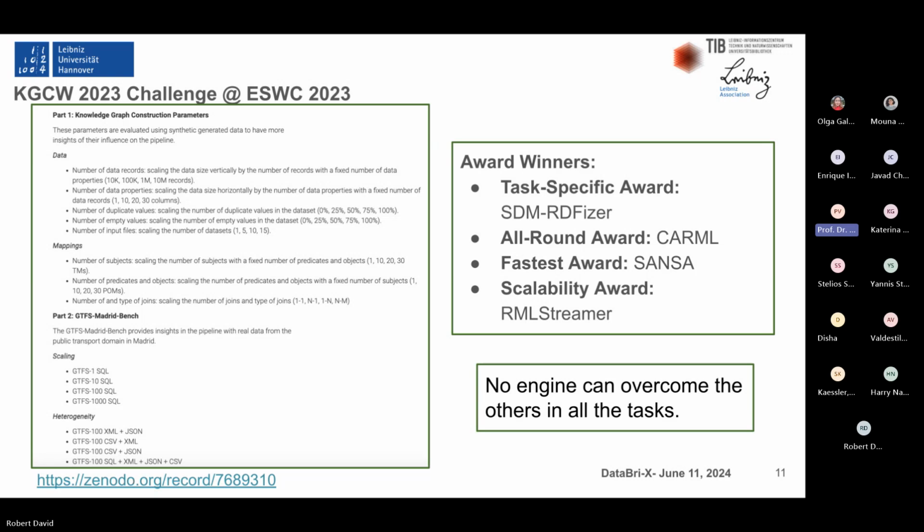The challenge is to evaluate and assess the different engines that exist for creating knowledge graphs. And in 2023, for example, the RDFizer won the task-specific award. But when we compared across different tasks, we saw that there was not an engine that at that time was overcoming the others. So go next.